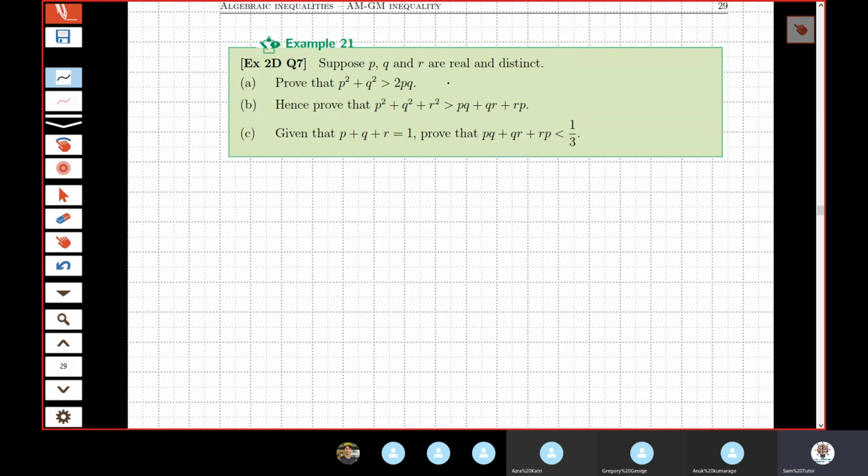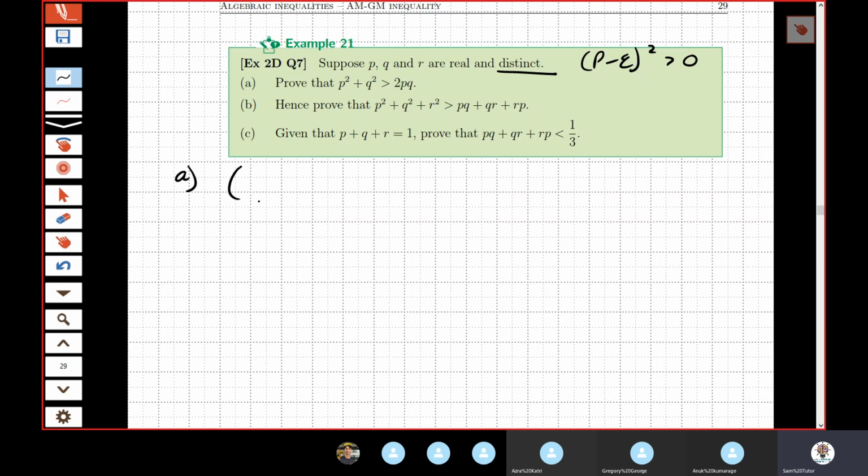Suppose P, Q, and R are real and distinct. Prove that P squared plus Q squared is greater than 2PQ. Okay, because they're distinct, which means they're different, we know now P minus Q is not equal to 0.